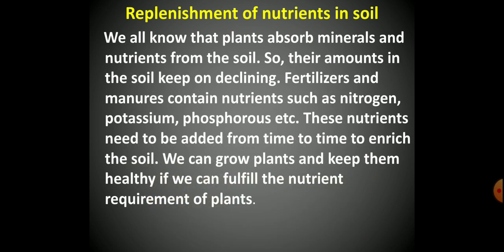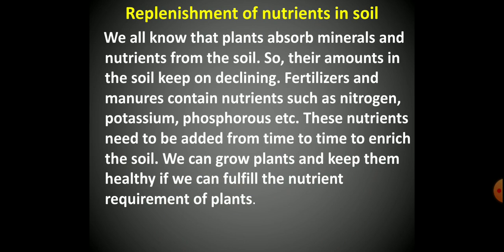Replenishment of nutrients in soil. We all know that plants absorb minerals and nutrients from the soil, so their amounts in the soil keep on declining. Fertilizers and manures contain nutrients such as nitrogen, potassium, phosphorus, etc. These nutrients need to be added from time to time to enrich the soil.